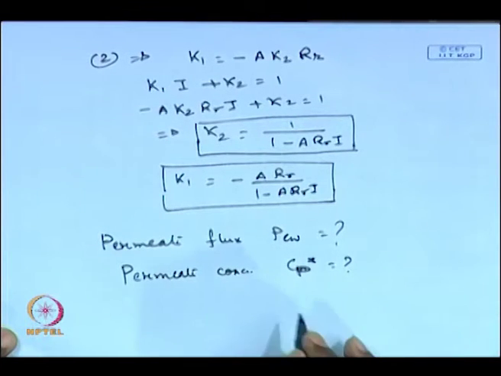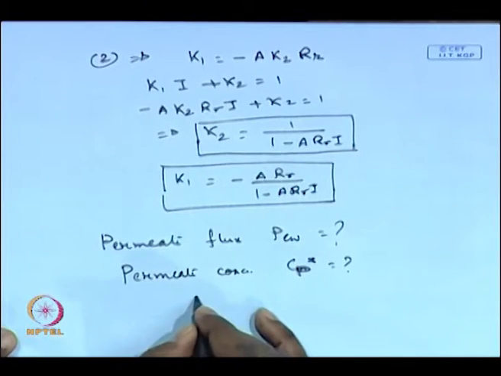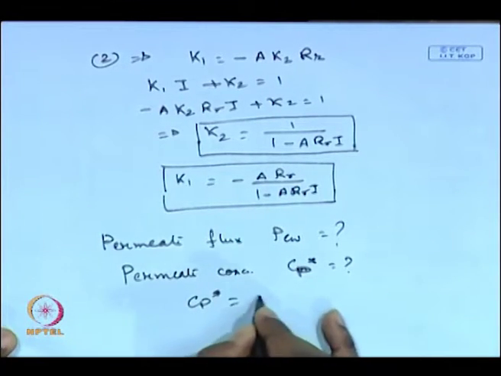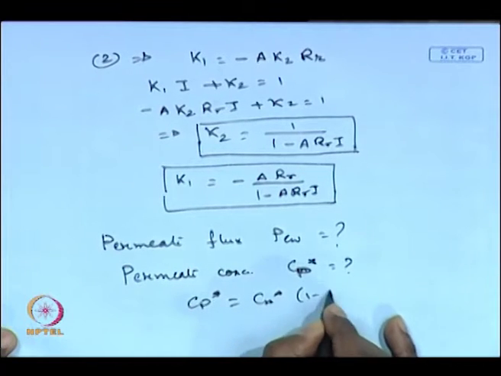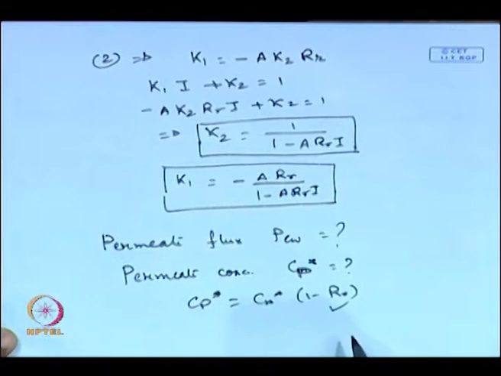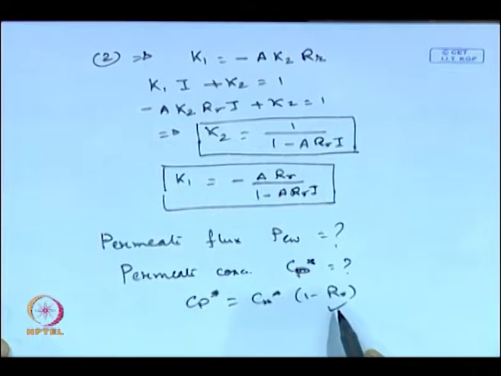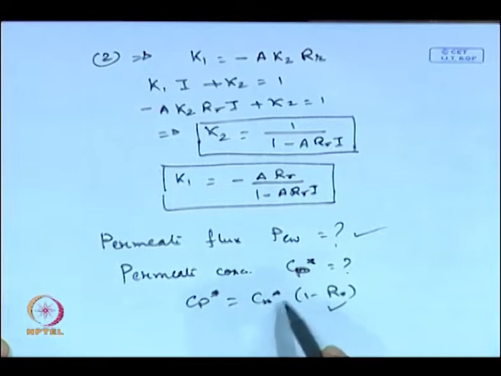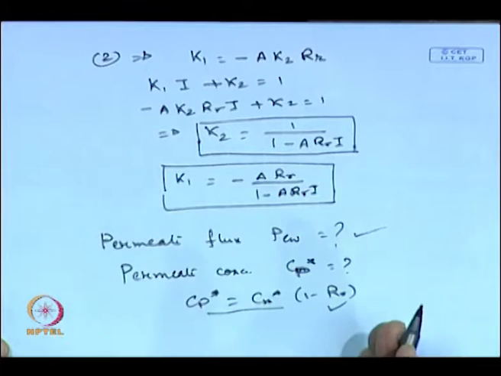Cp star can be obtained if you can evaluate Cm star, the membrane surface concentration, through the relationship Cp star is nothing but Cm star times 1 minus real retention. If you know the value of real retention, which can be evaluated in several ways from various independent sets of experiments that we have discussed earlier, then once you know Cm star, you can calculate the permeate concentration as well. So, you can predict the system performance at every point of time.